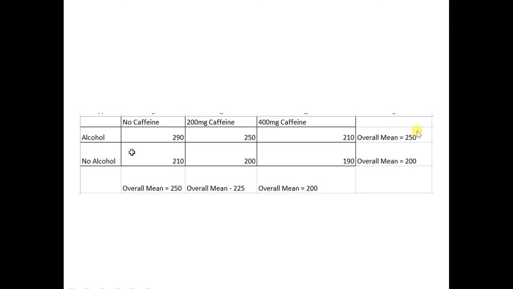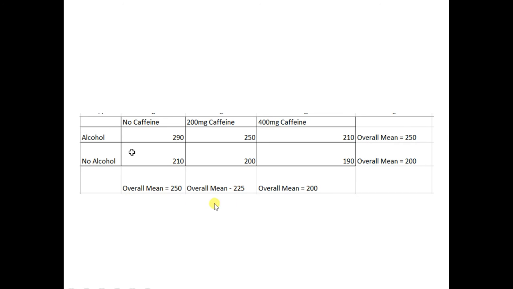In other words, we see that regardless of caffeine, alcohol slows you down. 50 milliseconds slower here than here. Remember, lower numbers are faster, higher numbers are slower. So regardless of caffeine, alcohol slows you down.